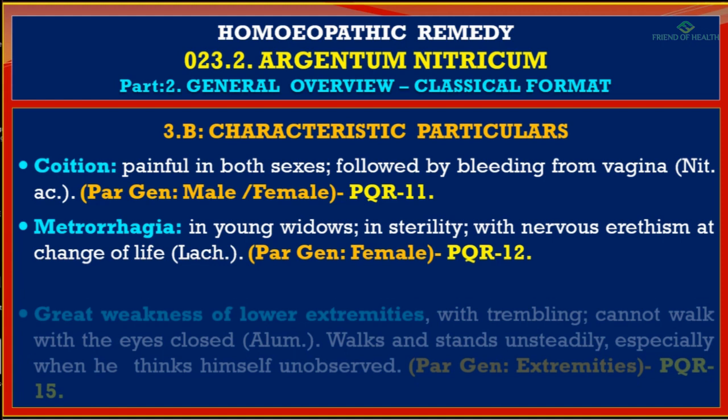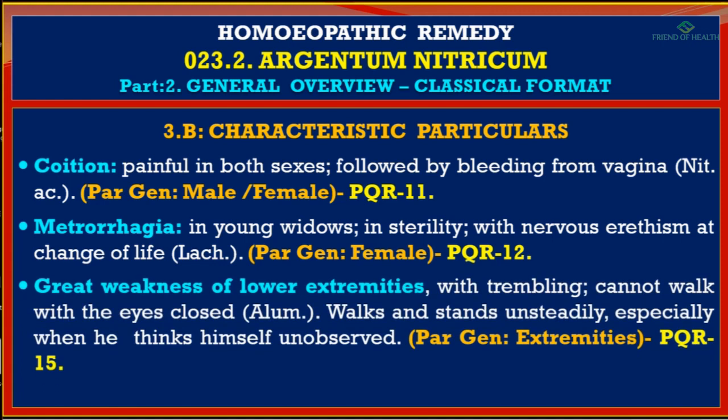The next is the great weakness of lower extremities with trembling, cannot walk with eyes closed, like Gelsemium, walks and stands unsteadily, especially when he thinks himself unobserved. It means if he thinks that people are observing him and he is conscious about it and he stumbles, it can be a functional disorder.